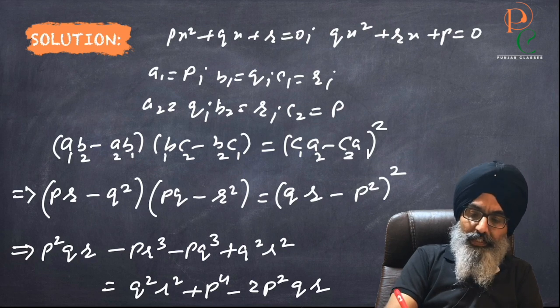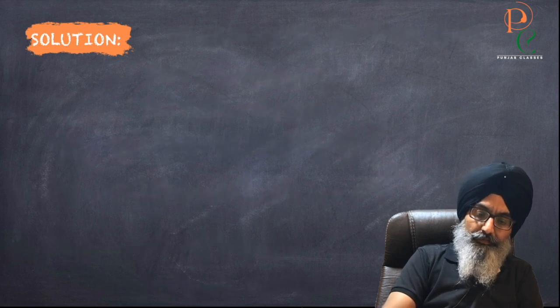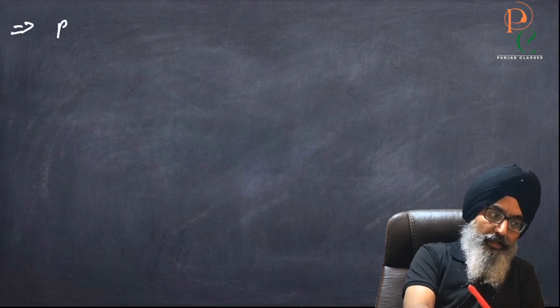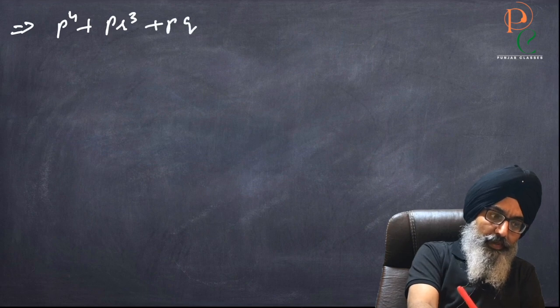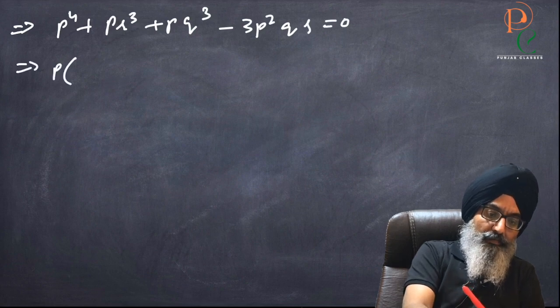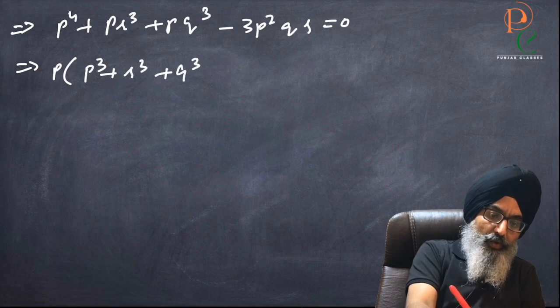On simplifying, let's find out what it becomes. So on simplifying, we will get p to the power 4 plus pr cube plus pq cube minus 3p square qr equals to 0. I take p common. So p into (p cube plus r cube plus q cube minus 3pqr) equals to 0.